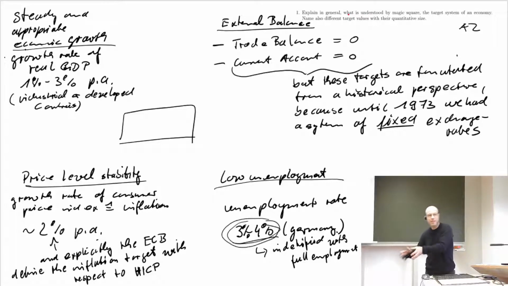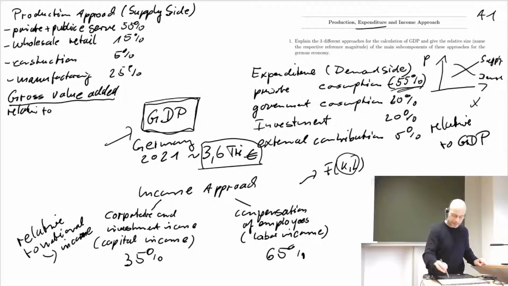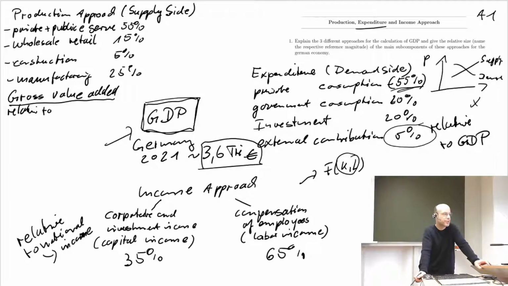And then you could say, well, as we have it right now in Germany, with a 5% external contribution, this means our exports in value are roughly 150 billion euros higher than our imports.